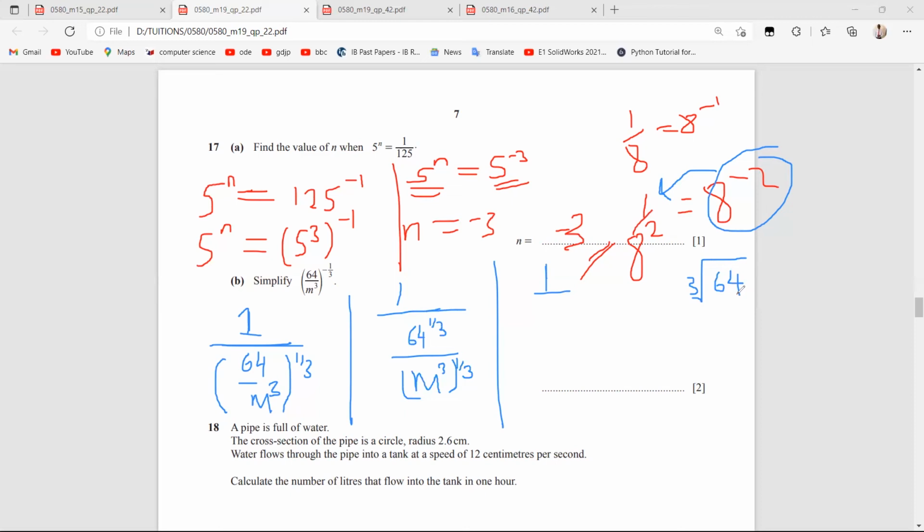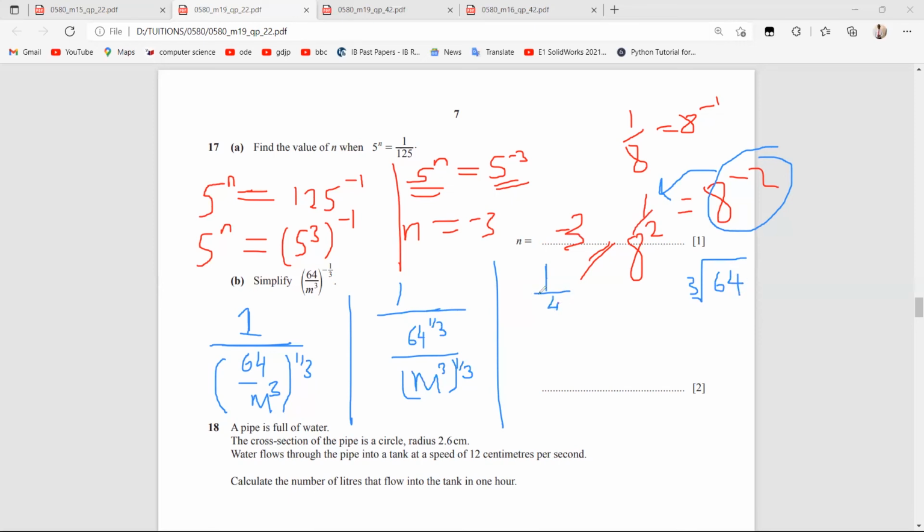So what's the cube root of 64? Let me just do that on my calculator. Is it 4? Yep, the answer is 4. So we'll have 4.